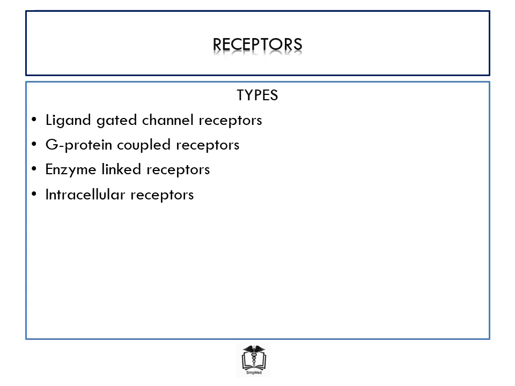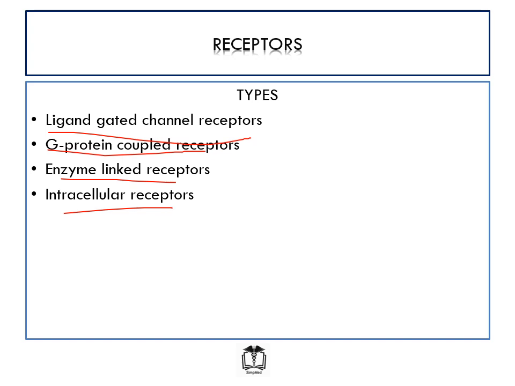So the four types of receptors that we could see on the screen are arrived at based on the transduction pathway. These four types include the ligand-gated channel receptors, the G protein coupled receptors, the enzyme linked receptors, and the intracellular receptors.